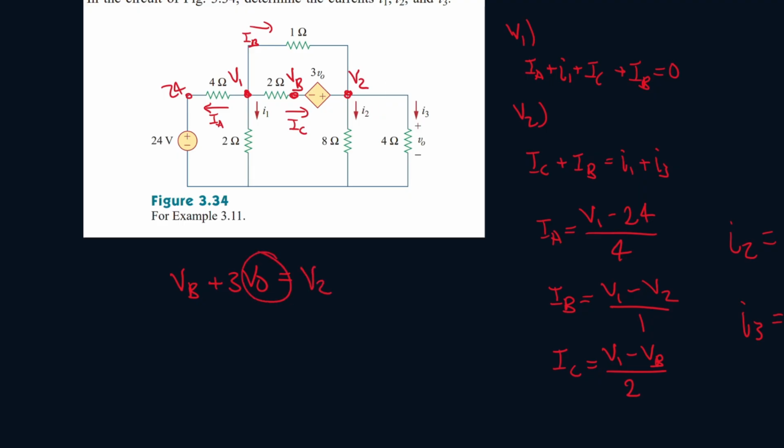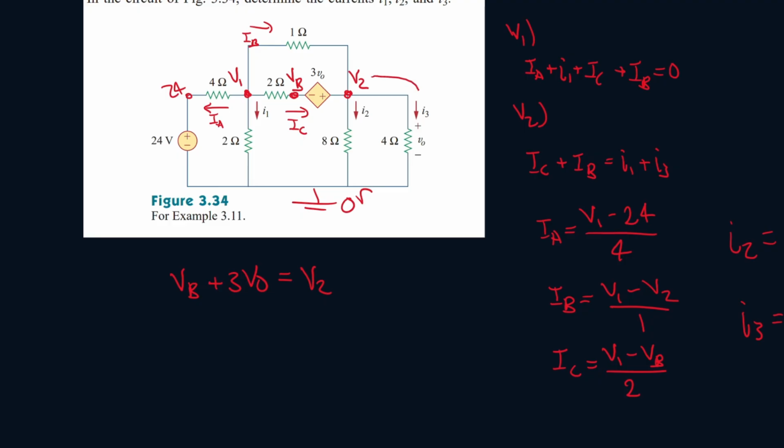But now we have to deal with VO. What will VO be? Well, VO is actually V2, because notice that this is the ground voltage. This is the ground pretty much. So it's 0 volts down there. So when V2 moves from this resistor through this resistor and reaches the ground node, it equals 0 volts. So that means it has to decrease by a certain value that gives us 0 volts.